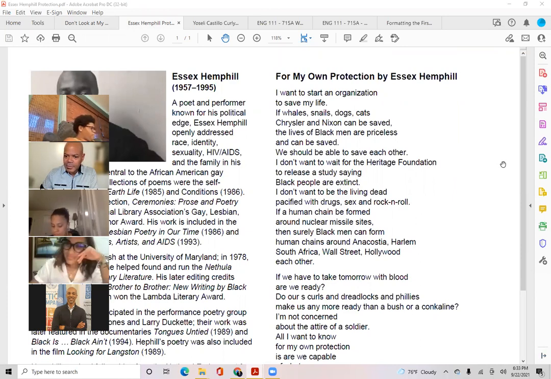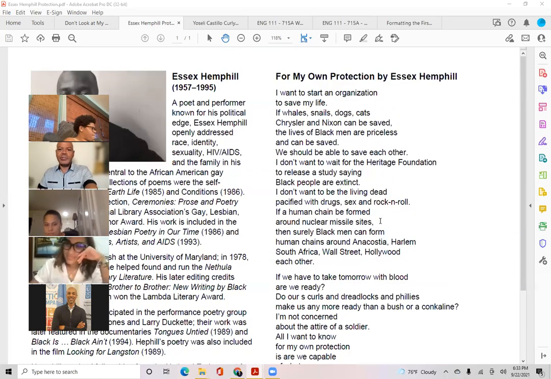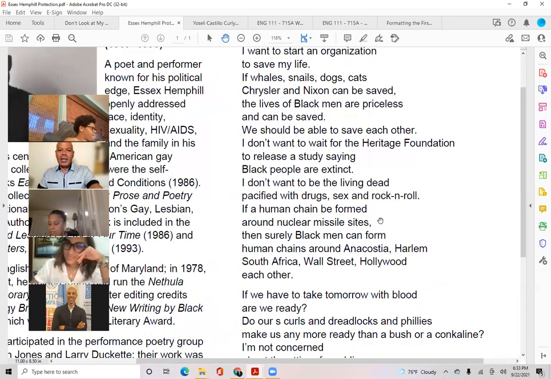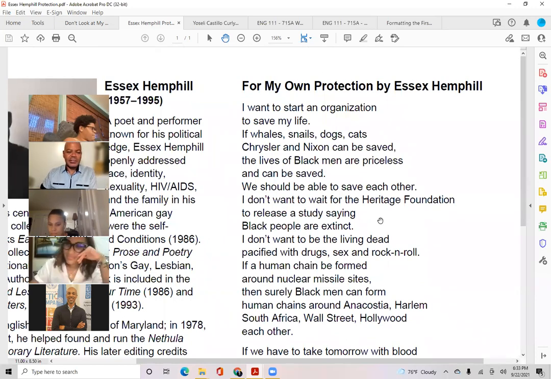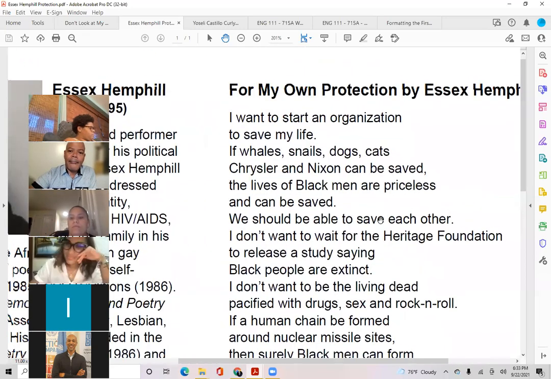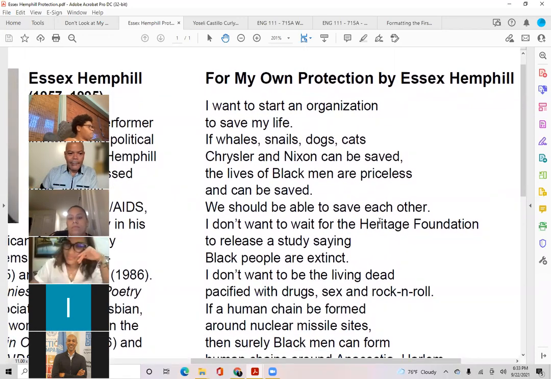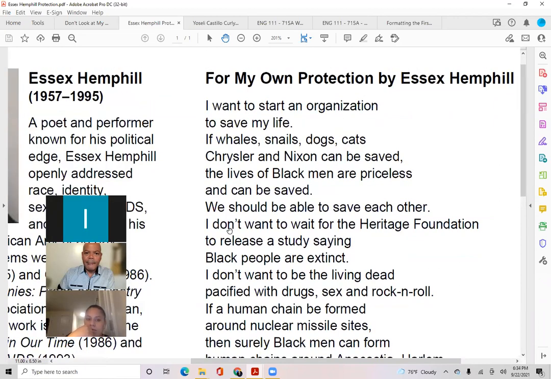All right, so the first poem, For My Own Protection by S. Semple. Can someone read it for us? Okay, I'm going to read it. Wait, I need you to zoom out some. Can you see it? Yes, I didn't zoom out because part of the poem is cut off because the font is too big.